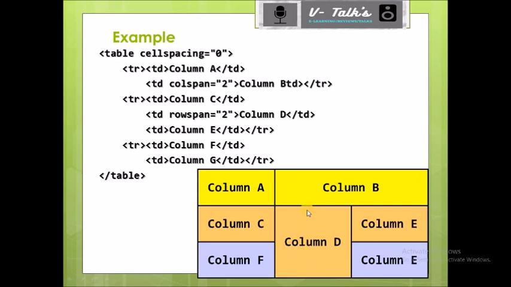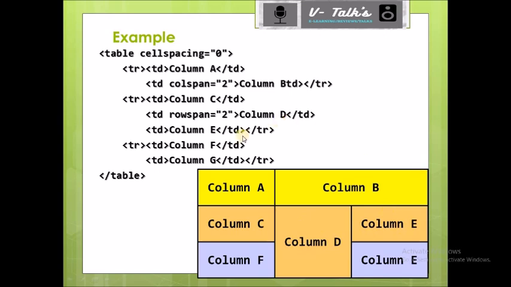Actually this one acts as a cell for the third row too. So this one merged together and we gave the name column D. Now TD column E. The third one, column E, we also created in this row.